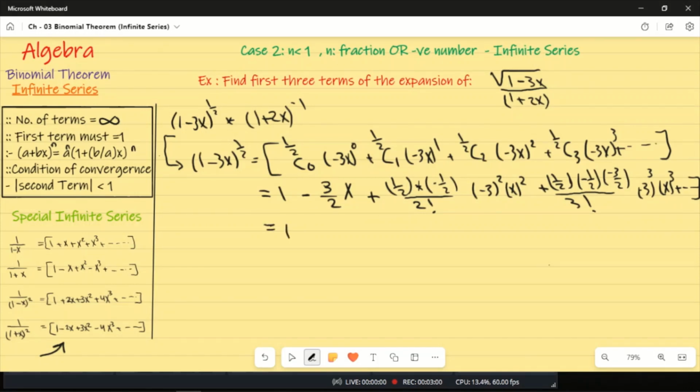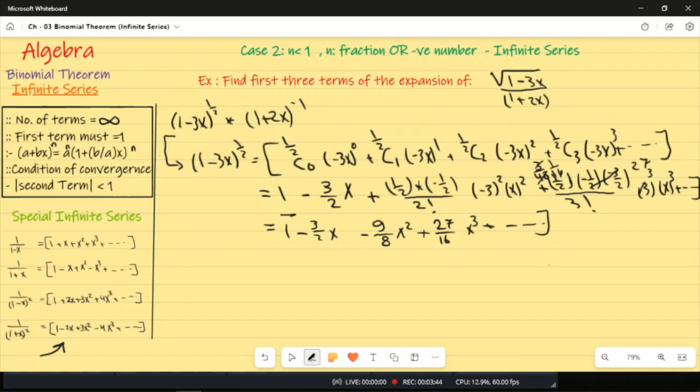This equal to 1 minus 3 by 2 x minus 9 by 8 x square, and here this equal to 27 by 16 cubic x plus completion.